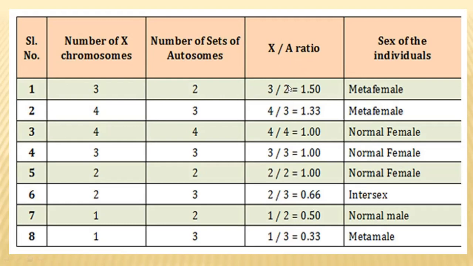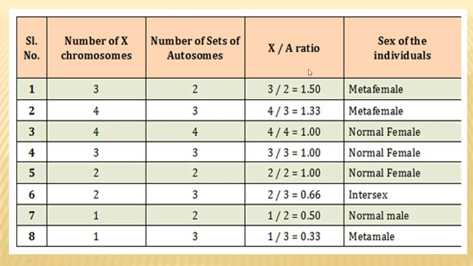So if the autosomes are 2, that means in diploid organisms, if 3 X chromosomes are there, it is 3 by 2, which is equal to 1.5. Like this, the ratio of X chromosome number to autosome sets decides the sex of the individuals.